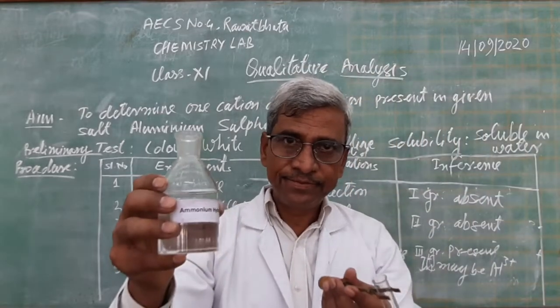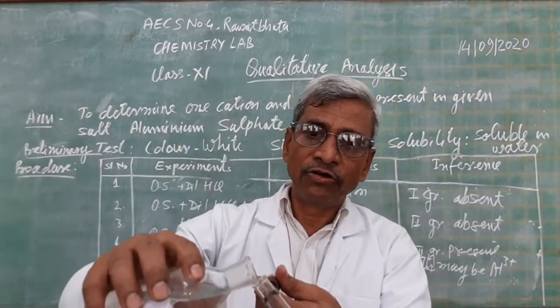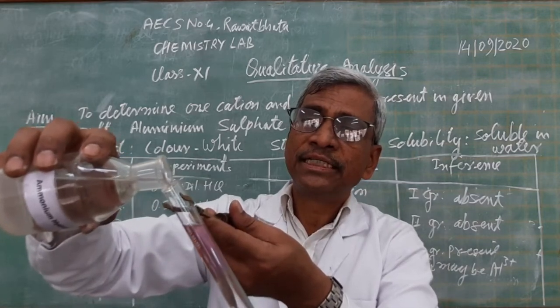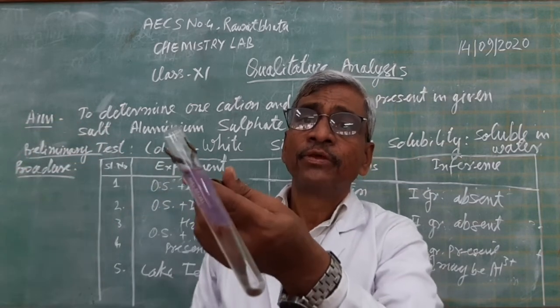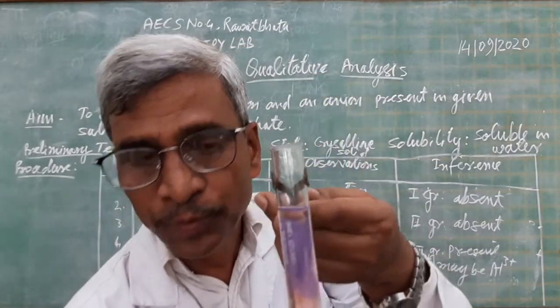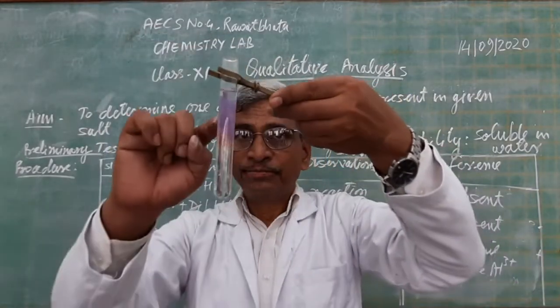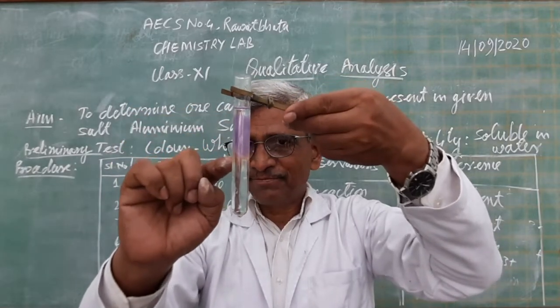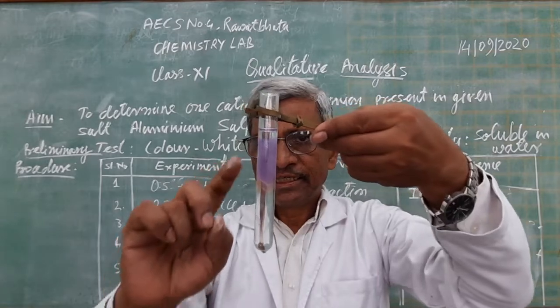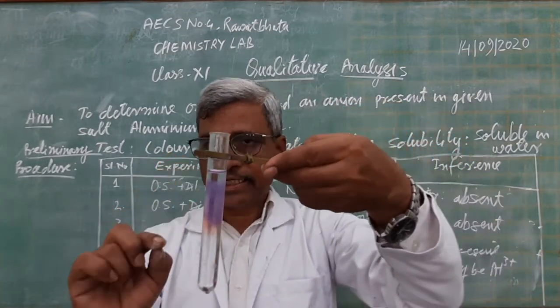Add ammonium hydroxide in this. See the change. A floating blue precipitate appears. See that? Blue, then slight purple and colorless. Tricolor is obtained. This is called the Lake test.